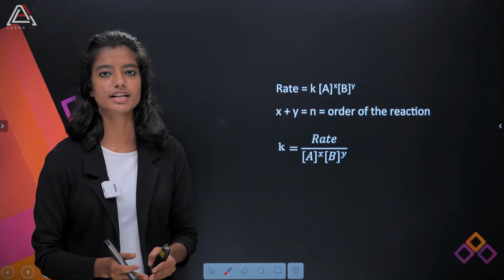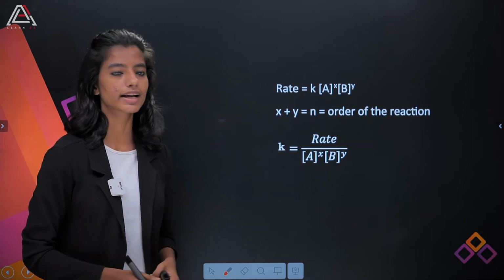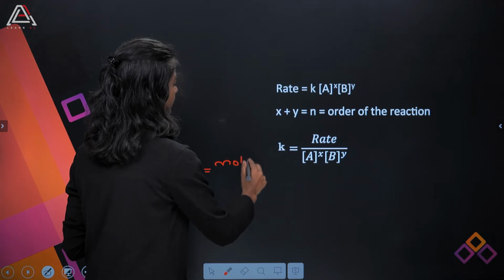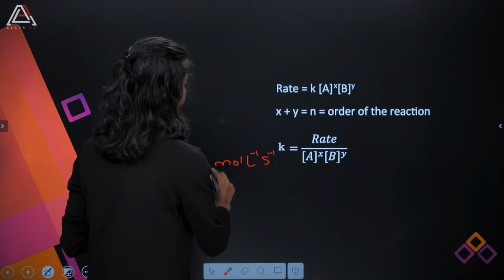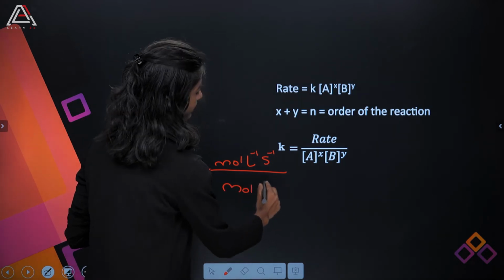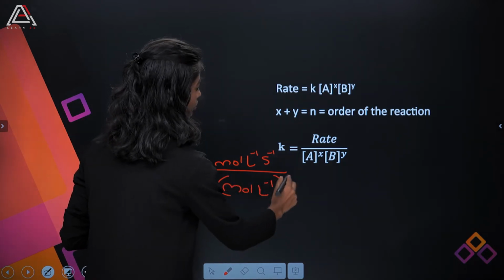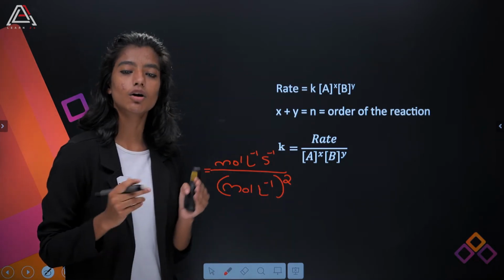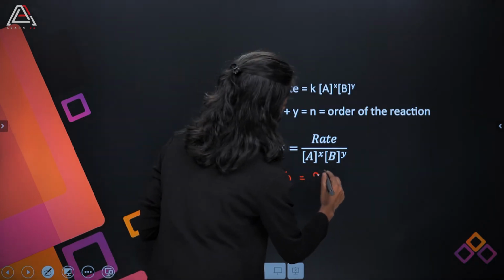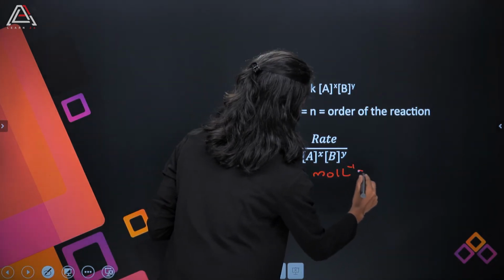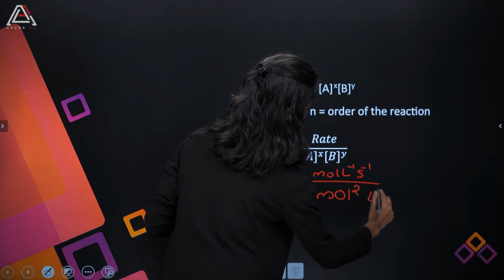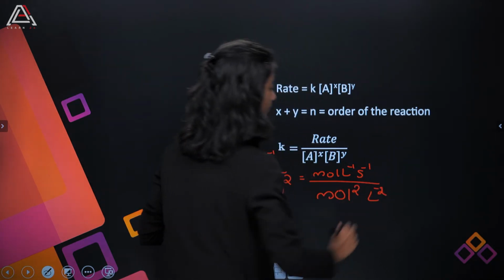Now we have to determine the unit for the second order chemical reaction. The unit for the rate was mole liter inverse second inverse divided by the unit of concentration, mole liter inverse power 2, because we are determining the unit for the second order chemical reaction. Now I can also write it as mole liter inverse second inverse divided by mole square liter raised to minus 2, right?